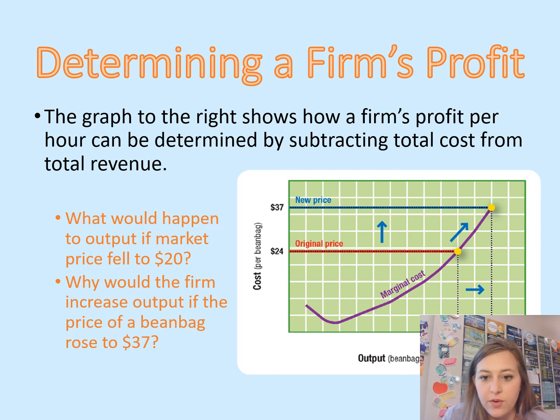Okay, so if it went further down below the red line, you would have a decrease in output, right? Because now your intersection of marginal cost and marginal revenue is lower. And why would the firm increase output if the price of a beanbag rose to 37? Because it would result in a larger profit.